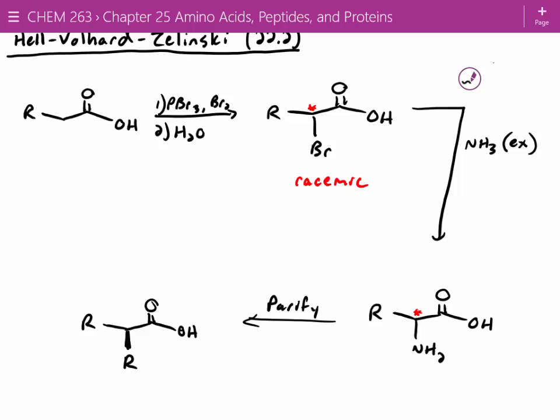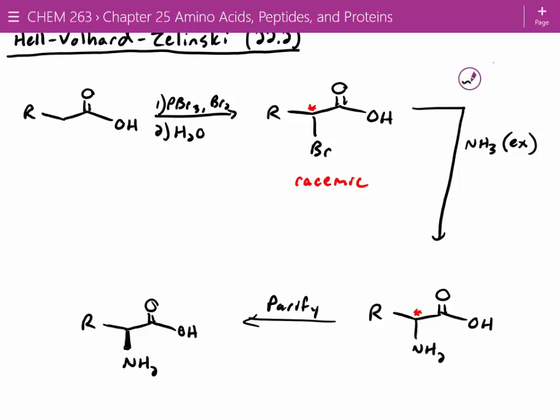This was the old school way of making peptides. It's not commonly used anymore, but it's historically relevant. The problem with this is you immediately limit yourself to at most a 50% yield, assuming you got 100% yield on everything else. Did you mean put an R on the way? Oops, sorry, that should be an NH2. Thank you.